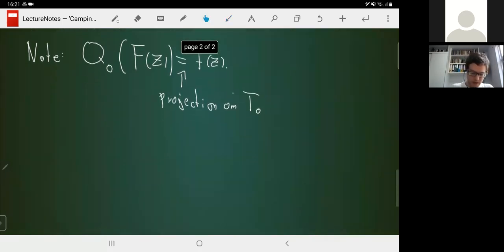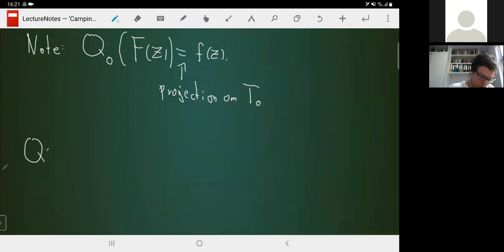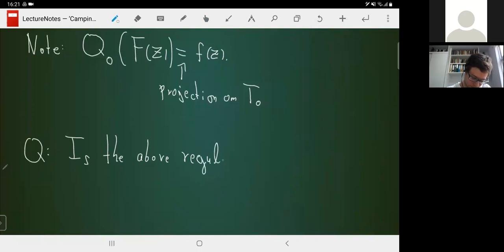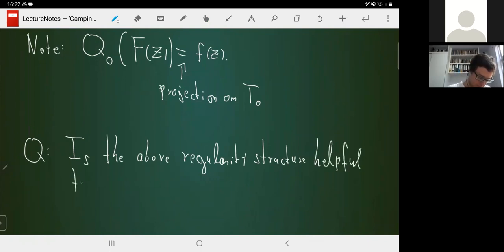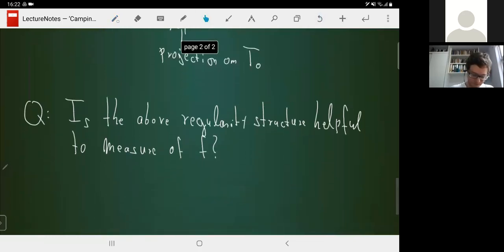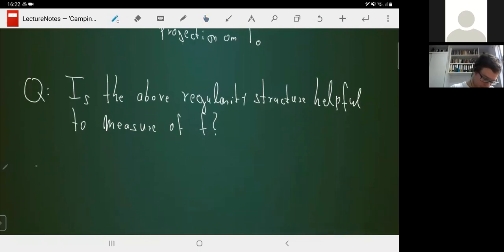So basically the question is: is the above regularity structure helpful to measure smoothness of f? Maybe. Let's see.